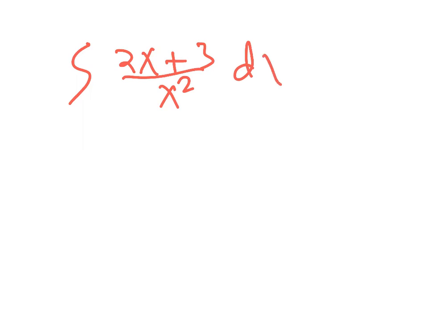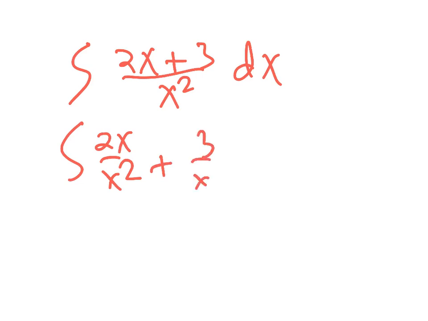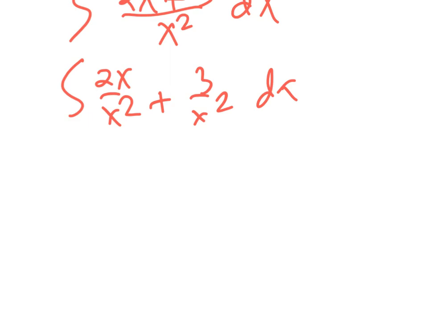Can I have what the original problem was again? It was 2x plus 3 over x squared. So I wrote it as 2x over x squared plus 3 over x squared dx. Let me do what Joseph did this time to see if our decimal answer comes out the same.